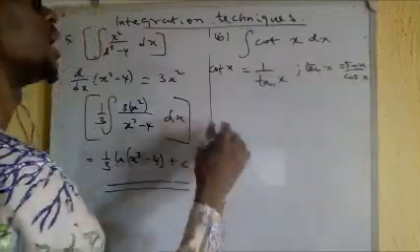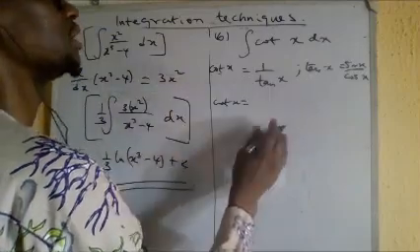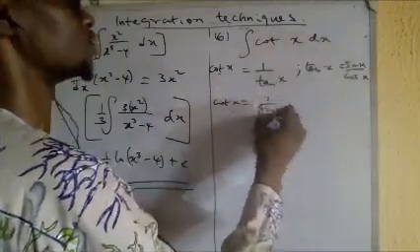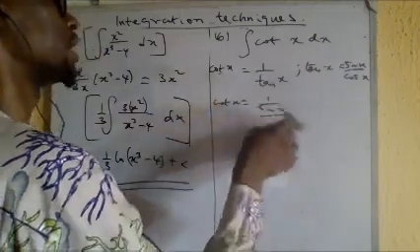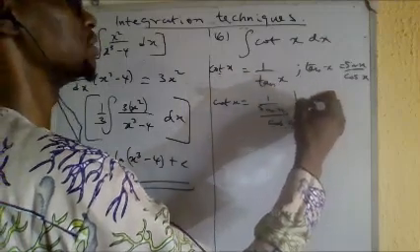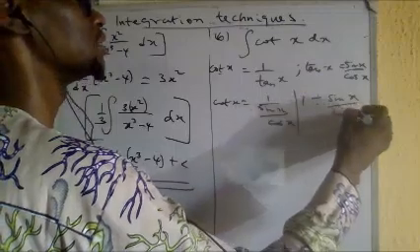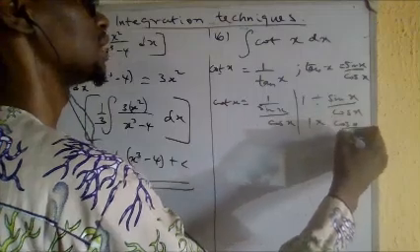If I have cot x as 1 over tan x, it's simply 1 over sine x over cos x. Really, 1 divided by sine x over cos x is the same thing as 1 times cos x over sine x. So that's what I would say here.